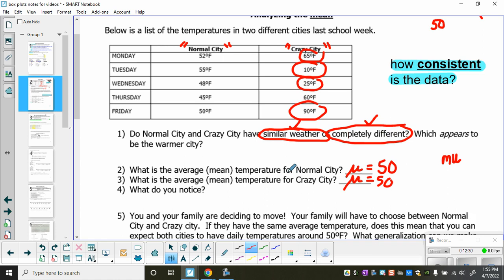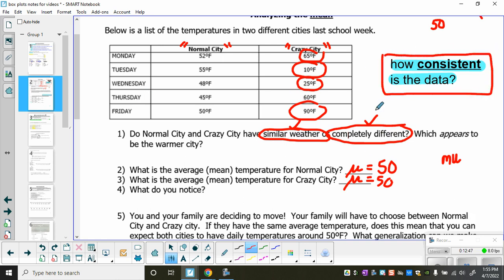No, not at all. Yes, they might have the same average. That's a metric that might be the same. But when you look at the data set, to me, the weather is actually acting very, very differently. Now, what this is meant to point out, y'all, is how consistent is our data?